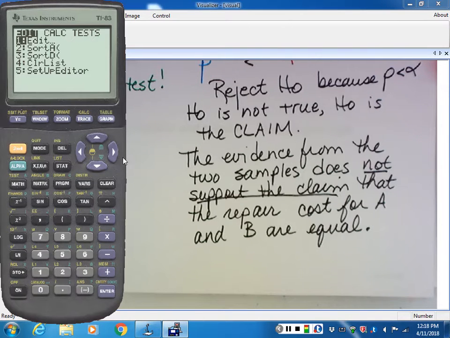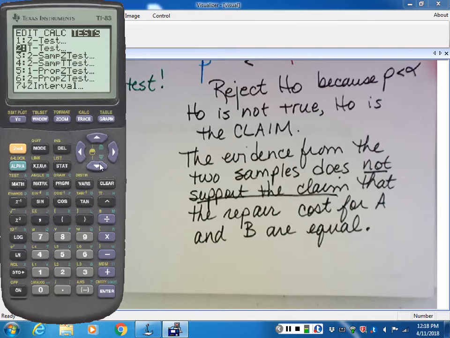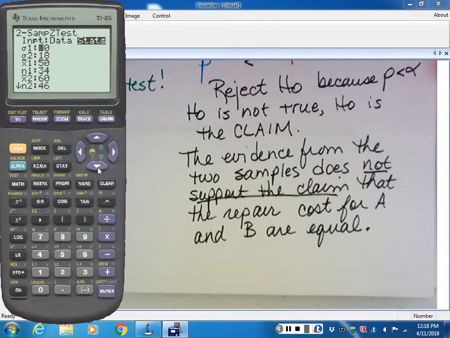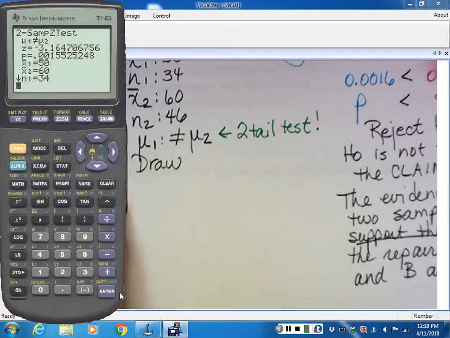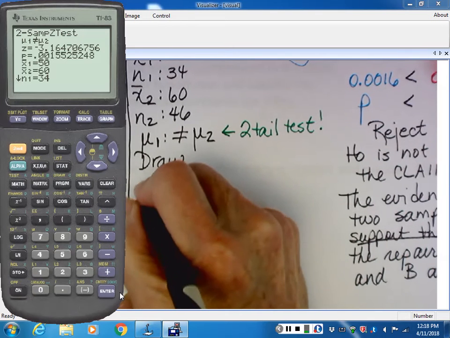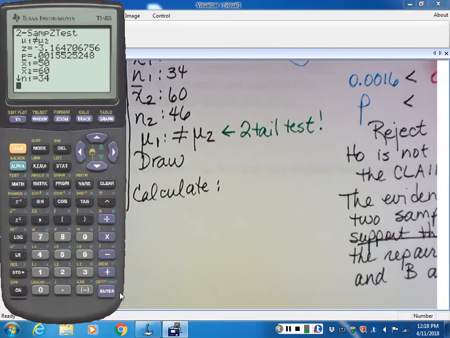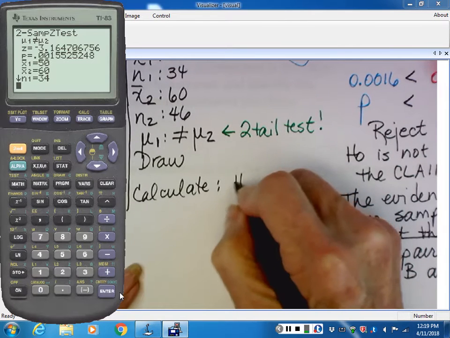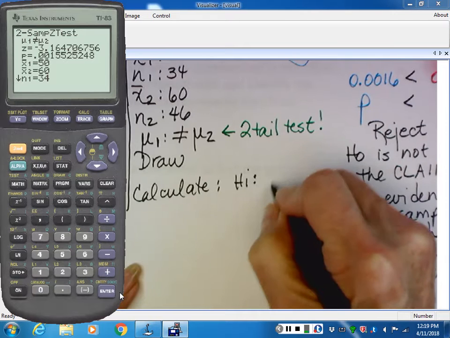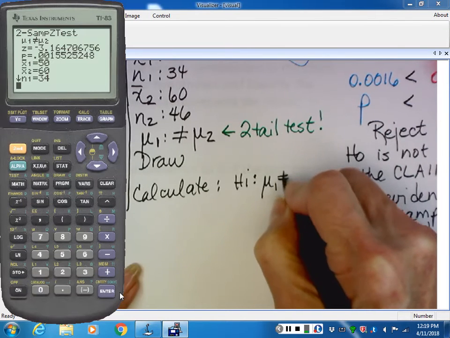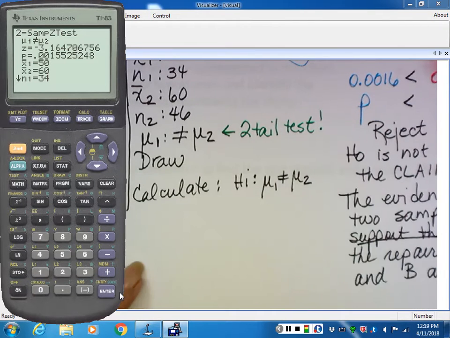So as I said, I'm going to go back over here and run the test again. Only this time I'm going to calculate, and I'll show you what you see when you calculate. Notice that it repeats H1, just to remind you of what you said.